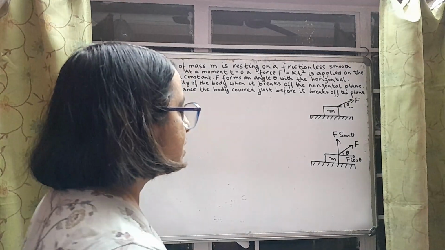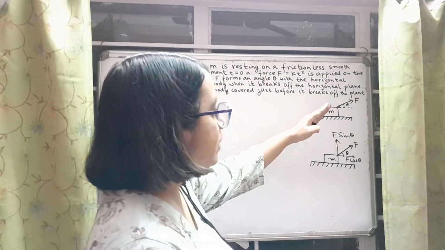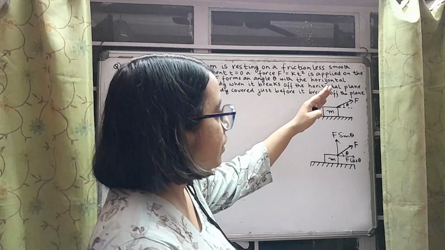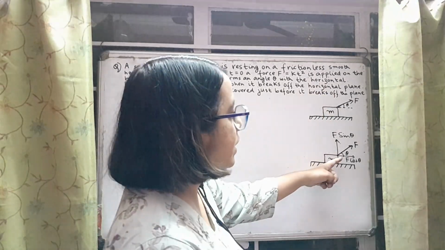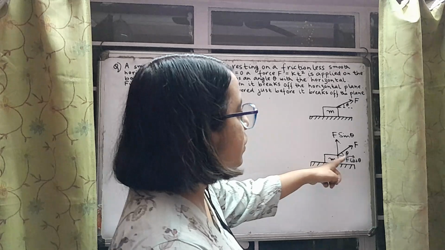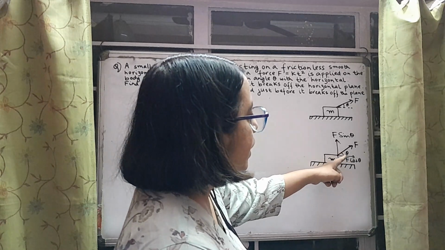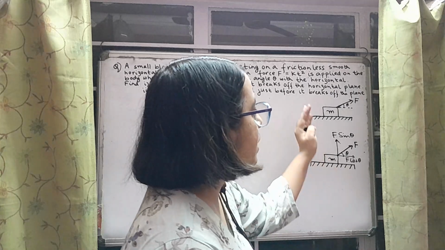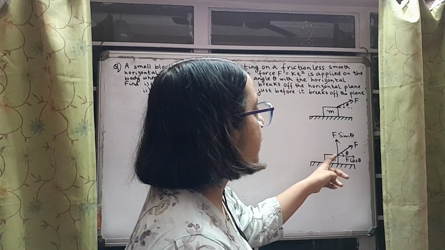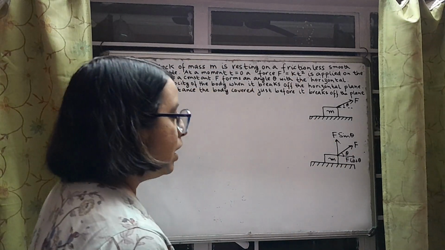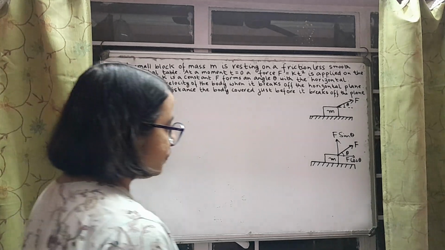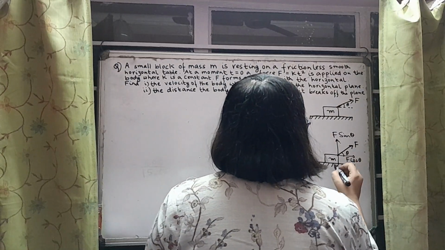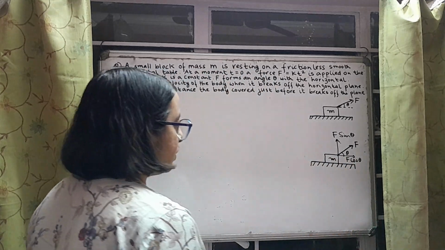So why is this? The force is at an angle theta with the horizontal. So when it makes an angle theta, the direction of the force which is along this theta will have a cos theta component, and the perpendicular direction will have a sin theta component. Now suppose I consider the other forces acting on the block.